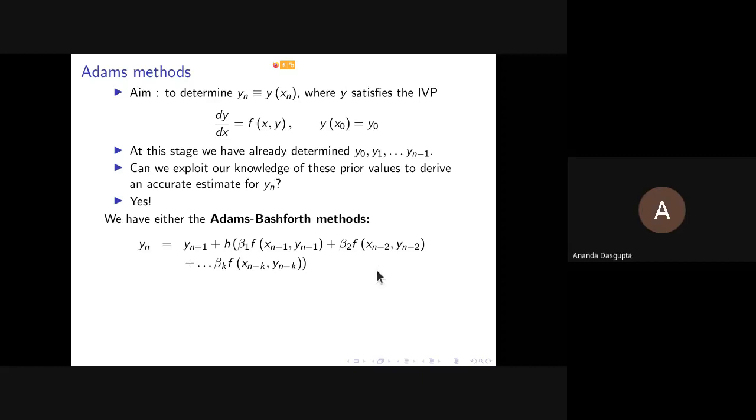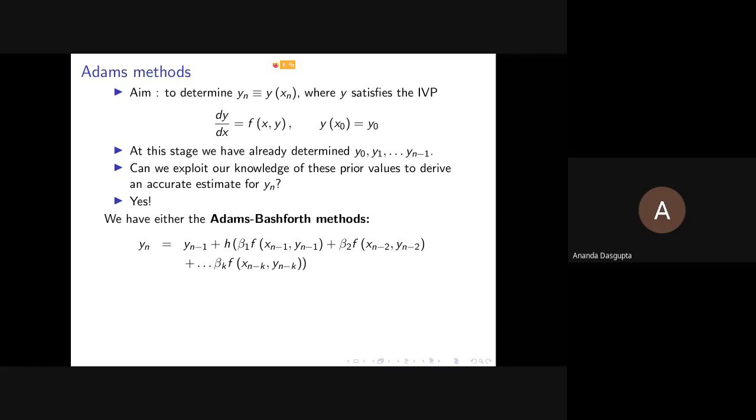Okay, I've not gone to the details of the method yet, but the point really was, just think of what we did when we found RK4, for example. We know yn minus 1 and xn minus 1, and we need to find yn and xn.